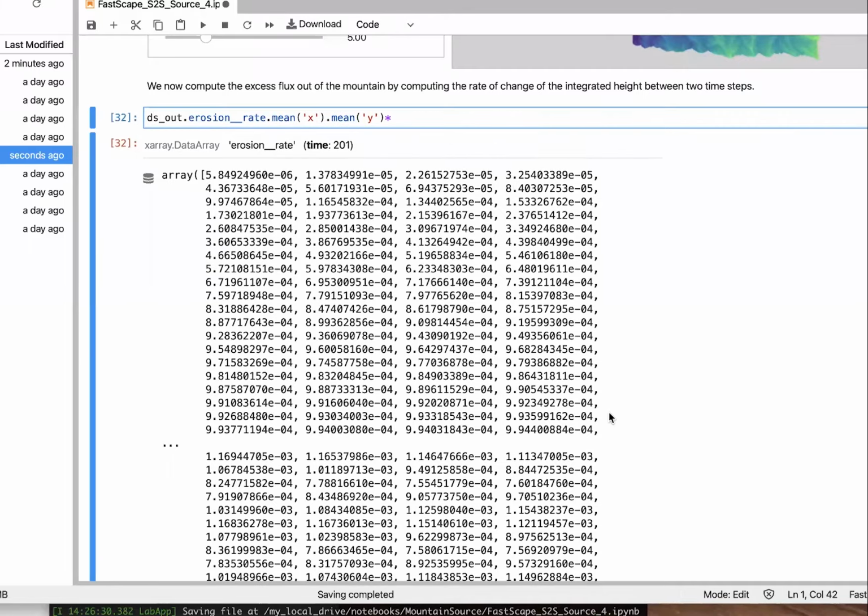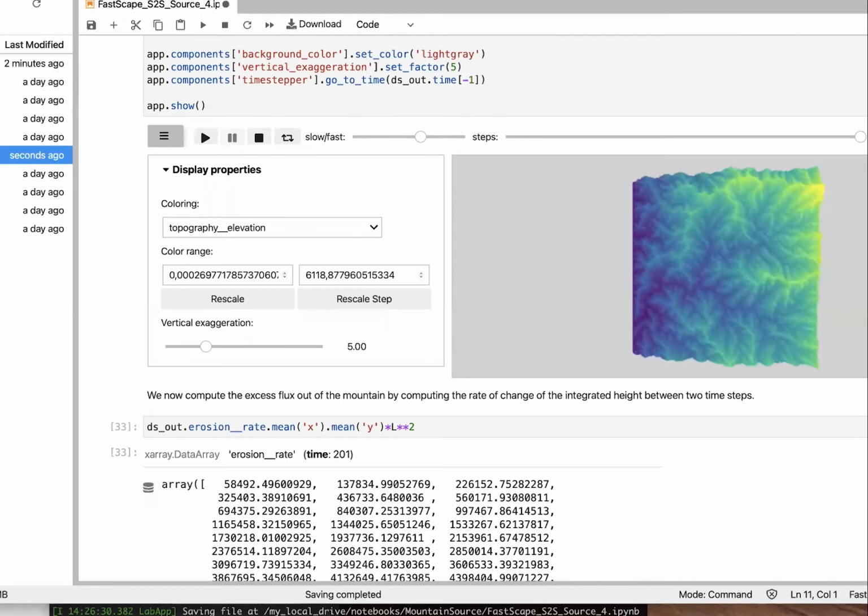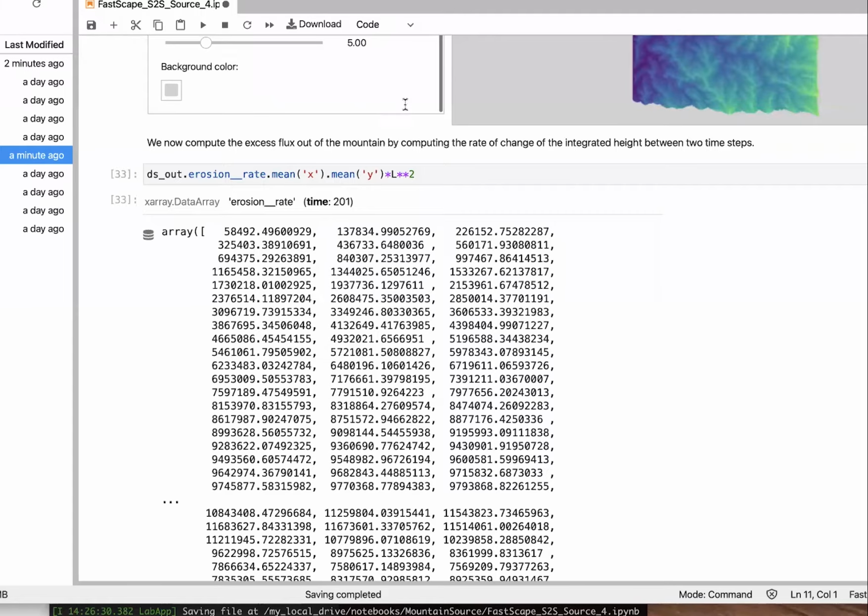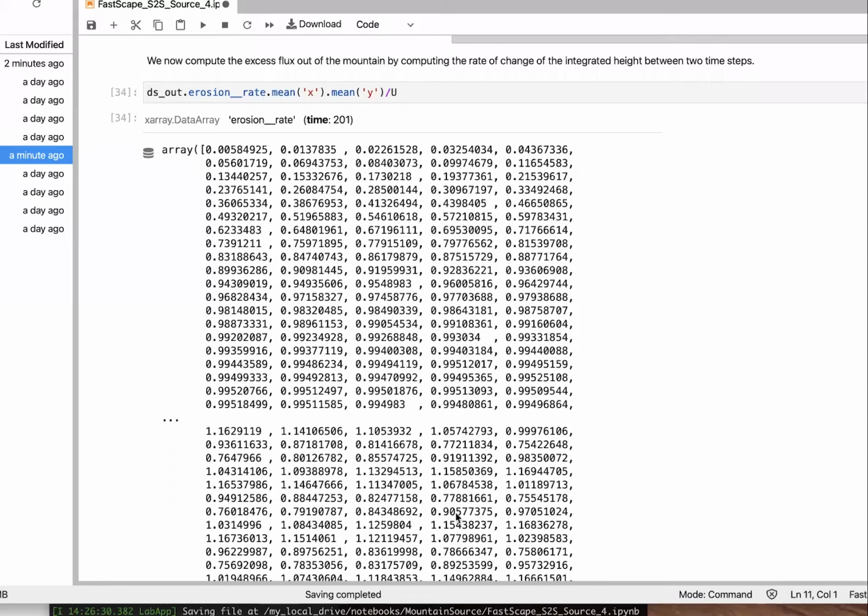Okay. So I'm going to plot this. I'm not going to bother dividing that, but I'm going to scale it by the uplift rate, by U. And if you do that, the steady state value, if I take the mean erosion rate and I scale it by the uplift rate, you see that my flux tends towards 1 when I'm at steady state, and then it fluctuates around that.